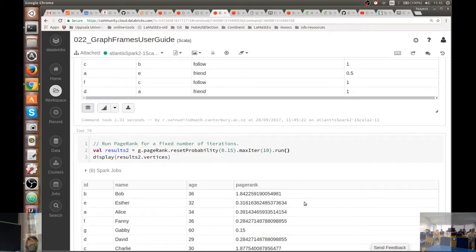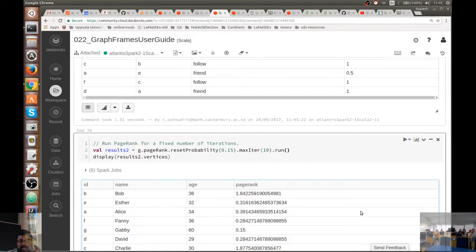You cannot set this tolerance to be very small for a very large graph because it will consume all your resources. So you can set the maximum number of iterations you want to do, so the number of times each vertex will pass its current rank to its neighbors to reach the PageRank. So you can stop this.